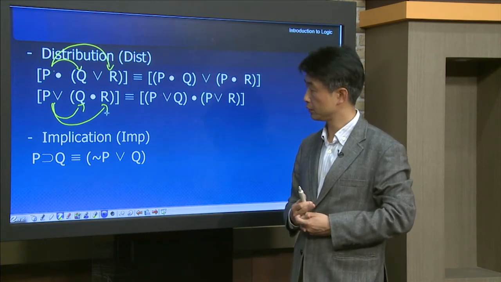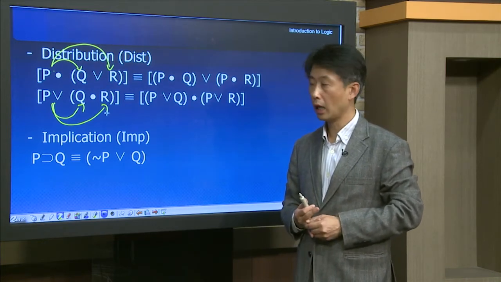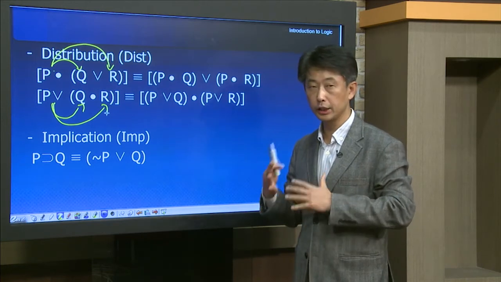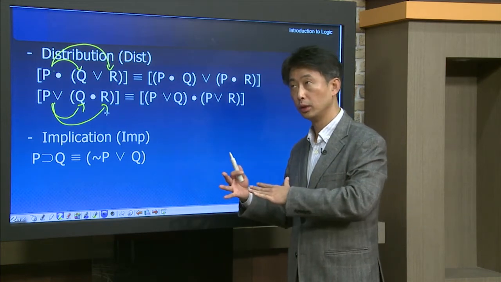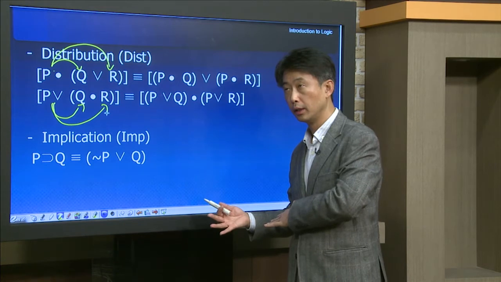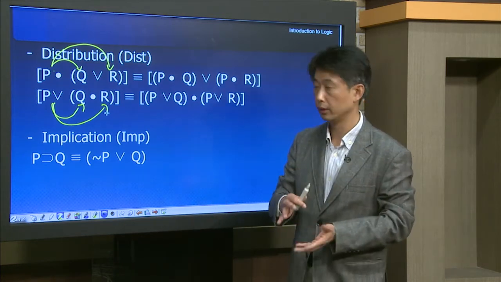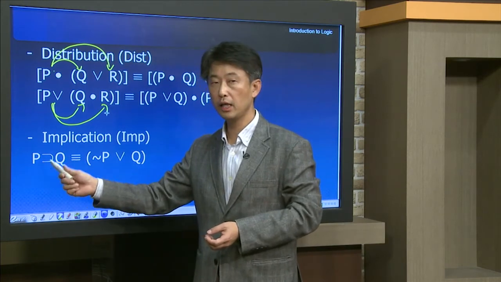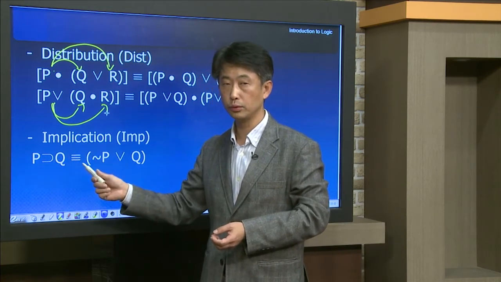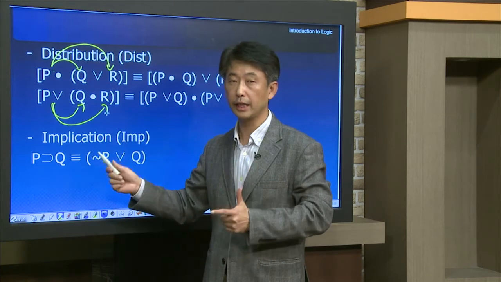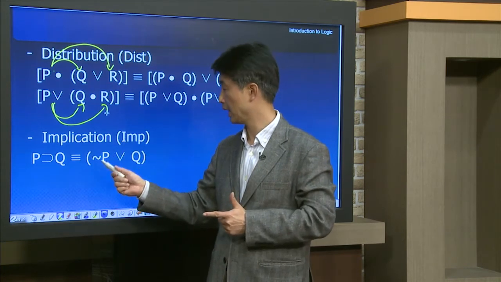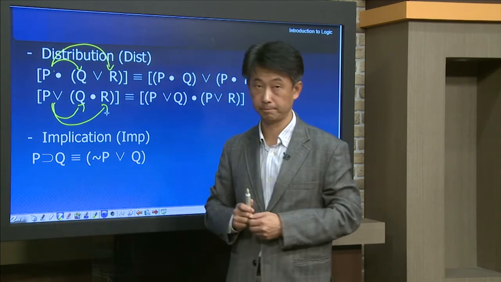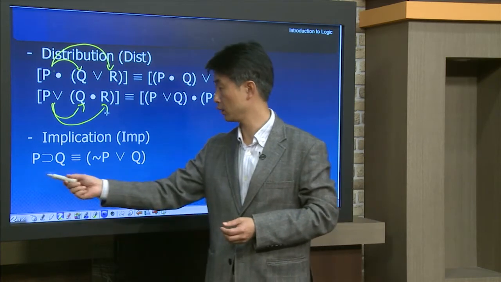The implication rule tells us how to change a conditional statement into a disjunction statement and backward. It says that if P then Q is saying the same thing as not P or Q. This is a very useful rule.